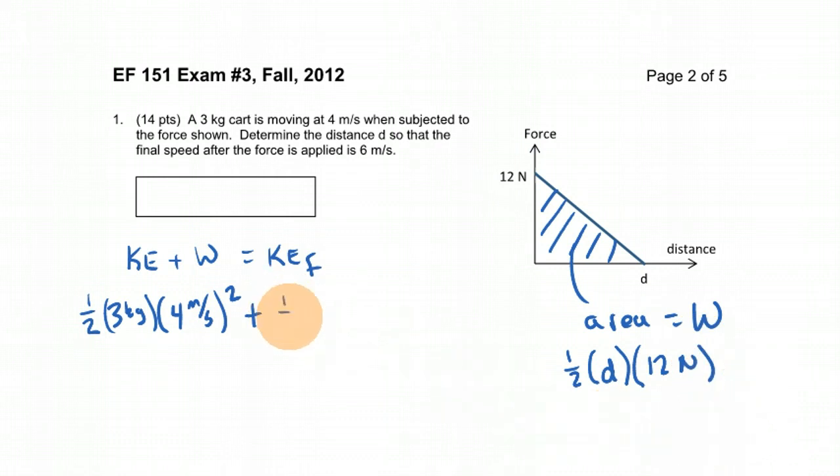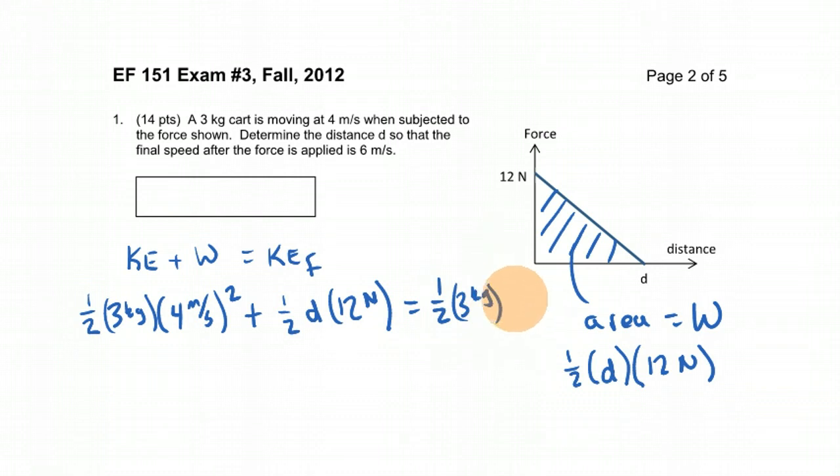Alright, so we'll write that in here, 1/2 d, 12 newtons, and that's equal to our final kinetic energy, 1/2, 3 kilograms. And we want our final velocity of 6 meters per second.